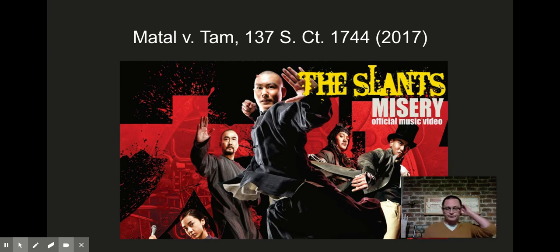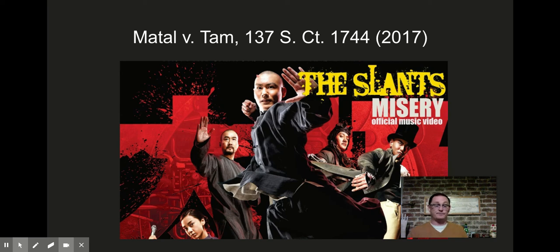In any case, it came to a head a few years ago in the Supreme Court case Matal v. Tam, in which the musician Simon Tam and his band The Slants filed a registration application for the name of their band, The Slants, which was an Asian American dance rock band. And the registration was denied on the ground that it was disparaging to Asian Americans.